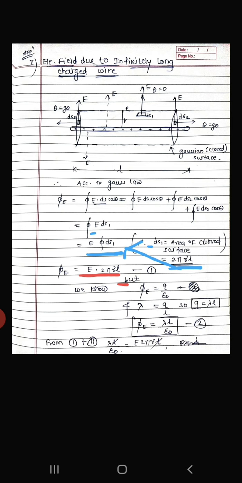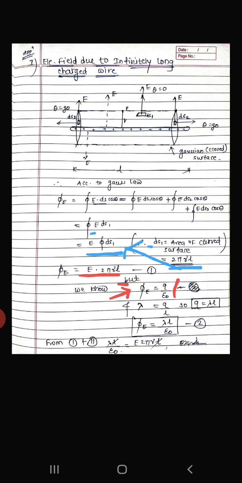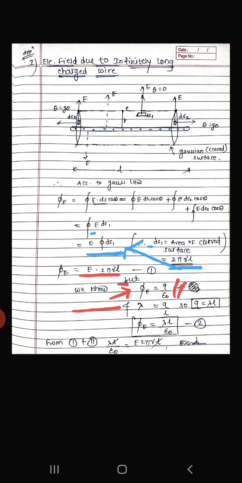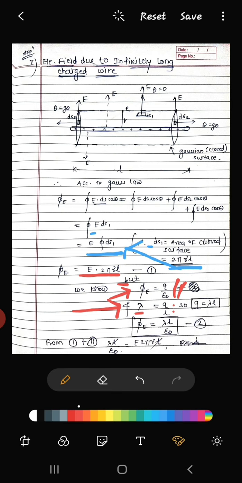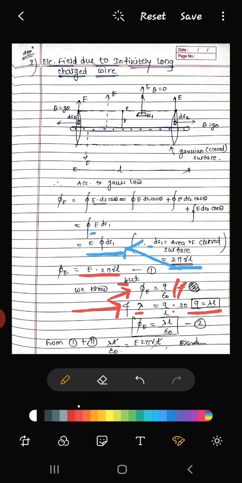But again we know that phi E, by Gauss law, is always equal to 1 upon epsilon naught times the total charge. The definition of linear charge density, lambda, is charge per unit length, so the value of charge from this equation will be lambda into length.